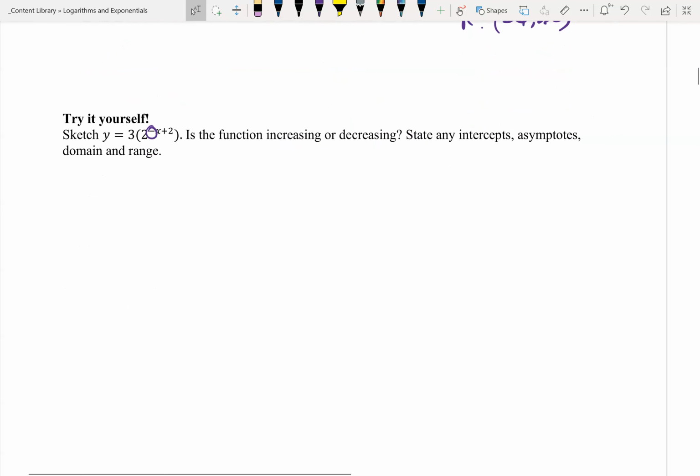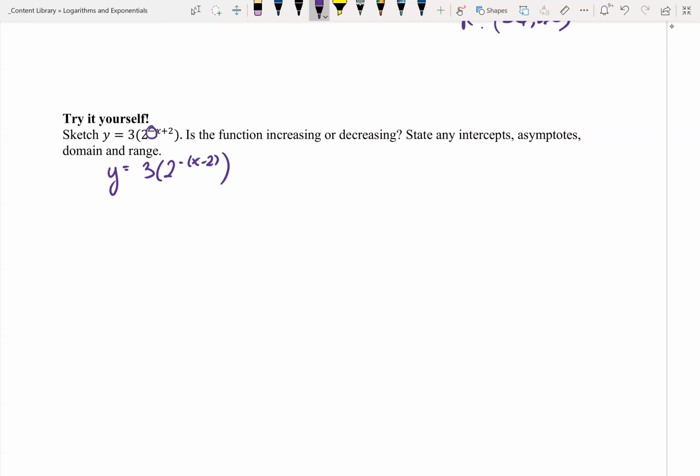So here is the solution for this try it yourself. I do have to rewrite this before we even start anything because this x in the exponent needs to be factored out. And if you look back to our format for transformations on the second page of your notes, it does say that we have to factor out our value horizontally.